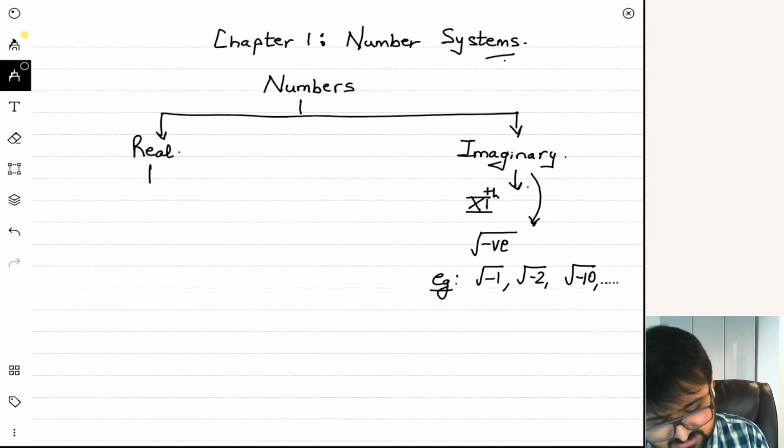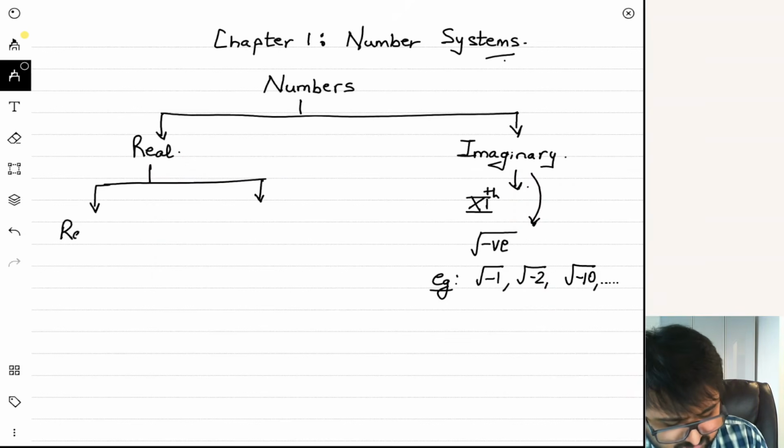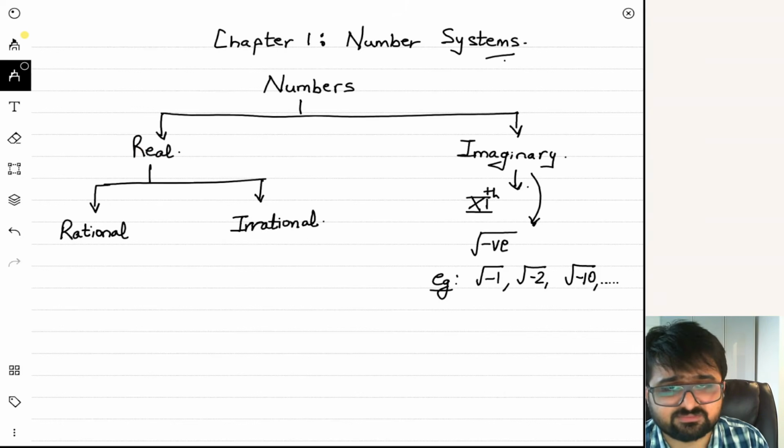Now, real numbers get categorized into two broad categories: rational numbers and irrational numbers. Okay, real numbers can be just of two types. Either a real number is rational or a real number is irrational.